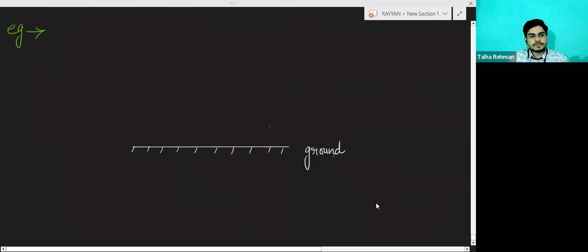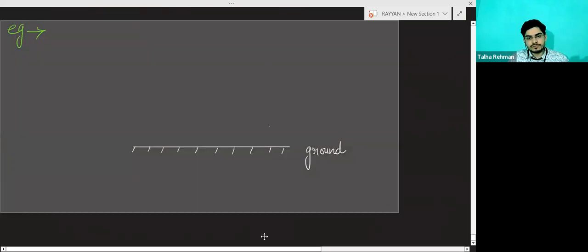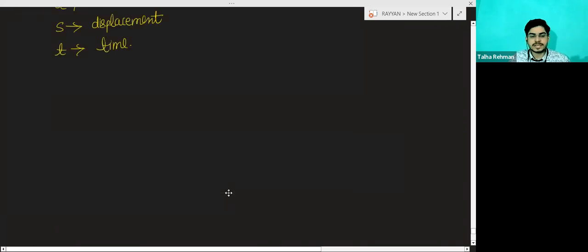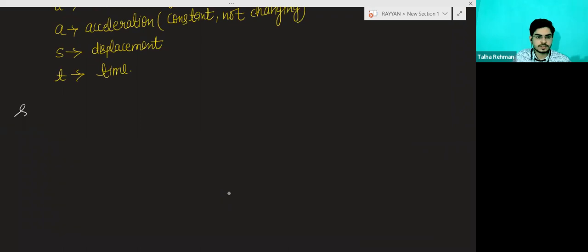Before that, I want to tell you one more thing. When we are using the equations of motion, there should be one sign convention.